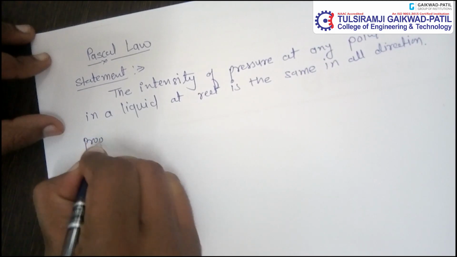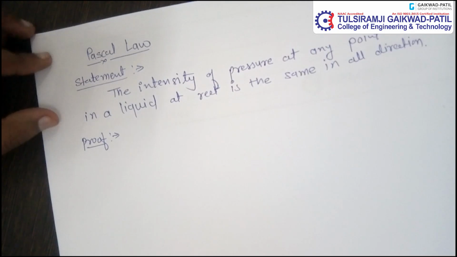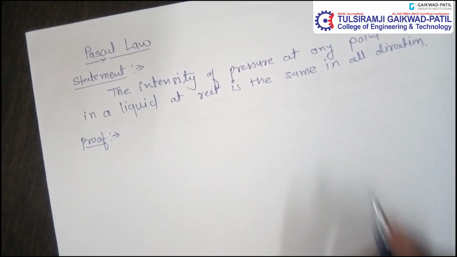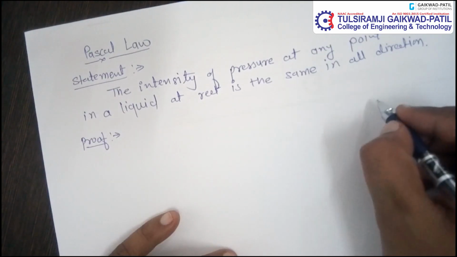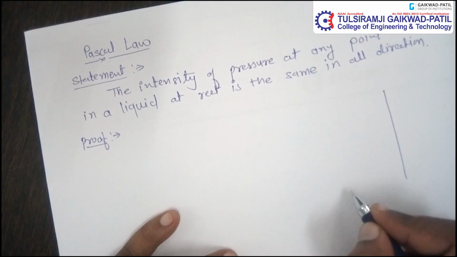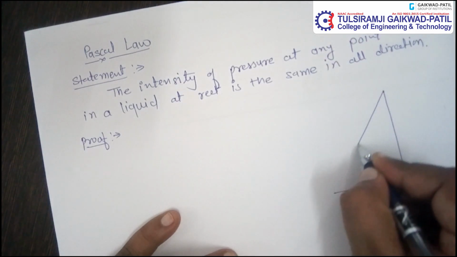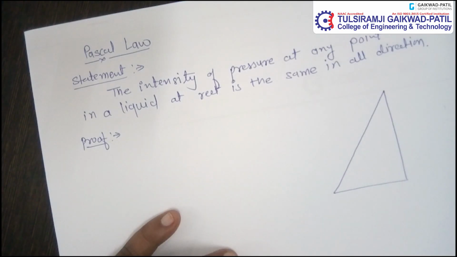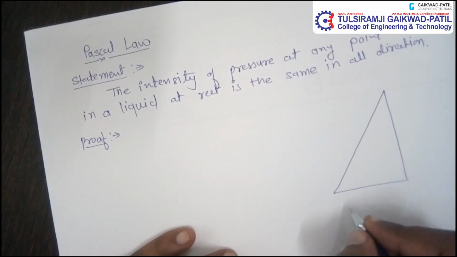So this is the proof, how we can prove the statement of Pascal law. For that let us consider a very small wedge-shaped element of a fluid. Wedge shape means a triangular wedge-shaped element of a fluid, or we can say a liquid.